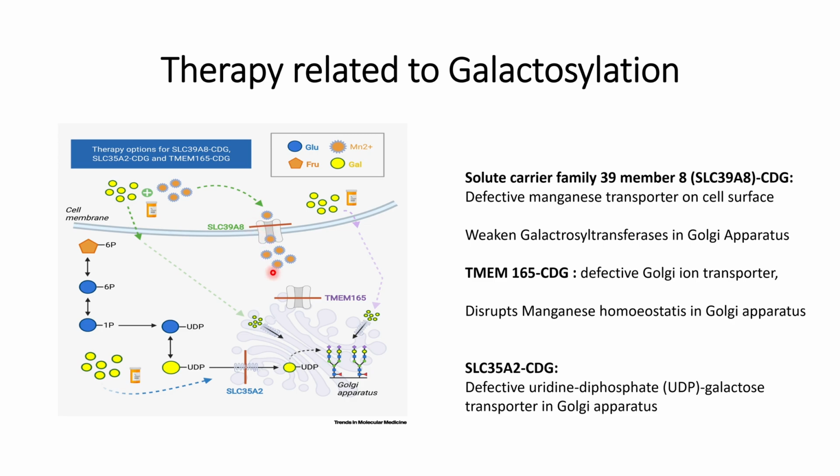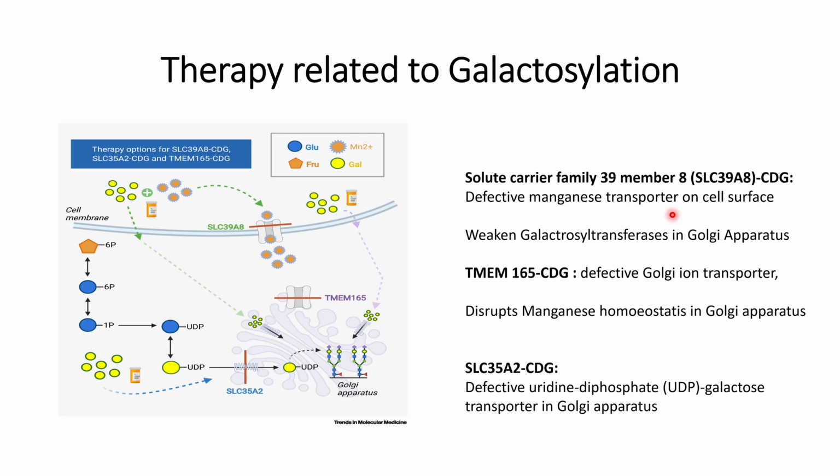Because of this, there is a deficiency of manganese within the cells, and the manganese interacts with galactosyl transferase for the galactosylation process, and this galactosyl transferase is mainly found in the Golgi apparatus. So weak galactosylation occurs in the Golgi apparatus, and because of this the final proteins will not have the native post translation modification.